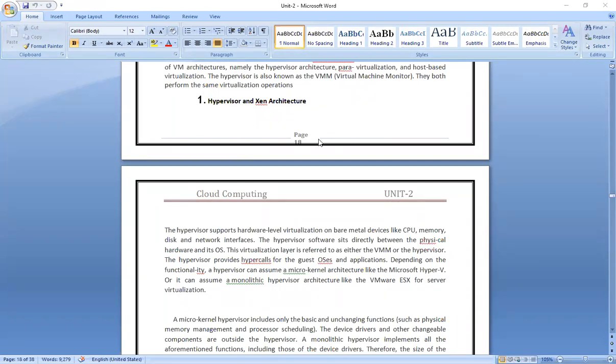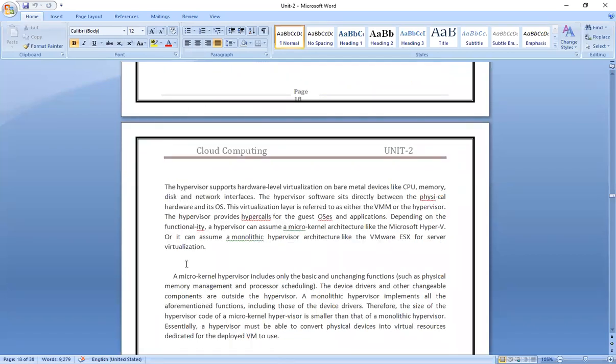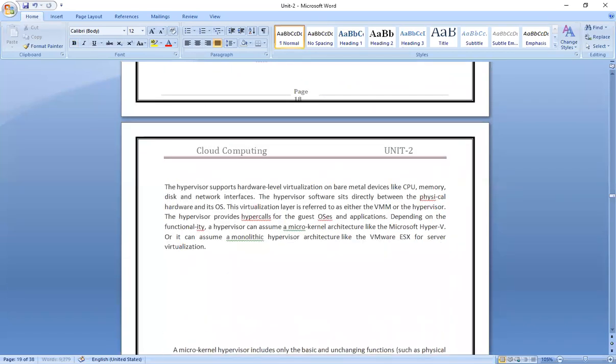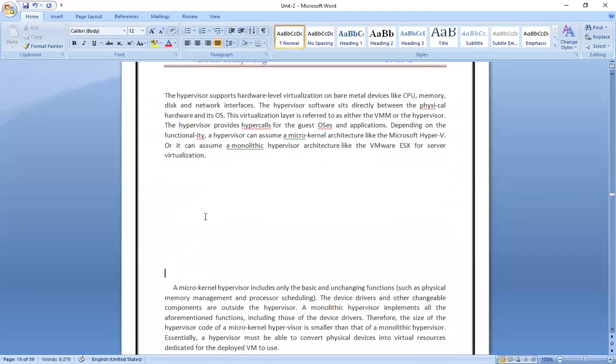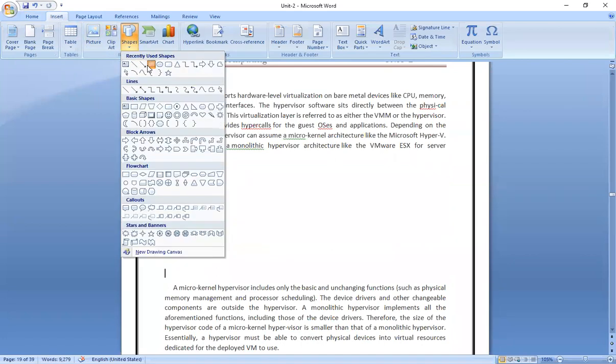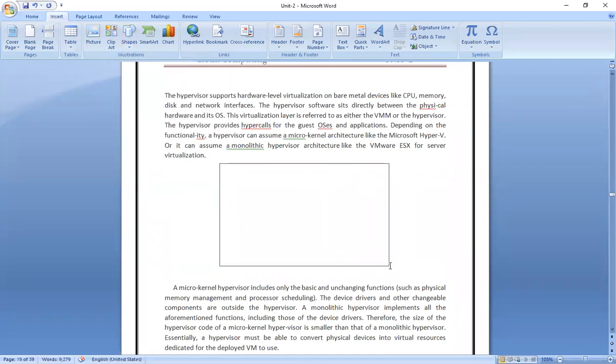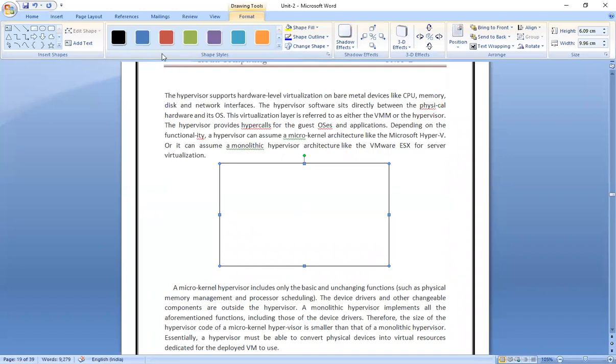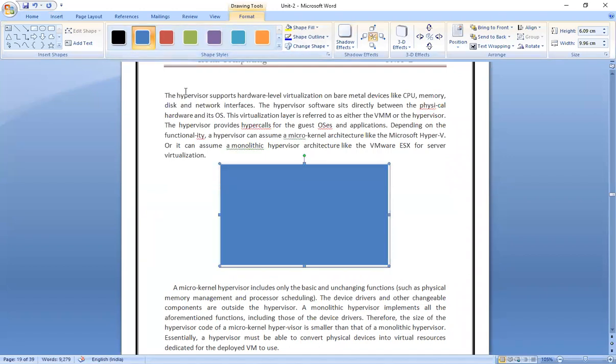Means if we talk about the architecture of type 1 hypervisor, then suppose this is our ecosystem, and in this ecosystem suppose we have two virtual machines.